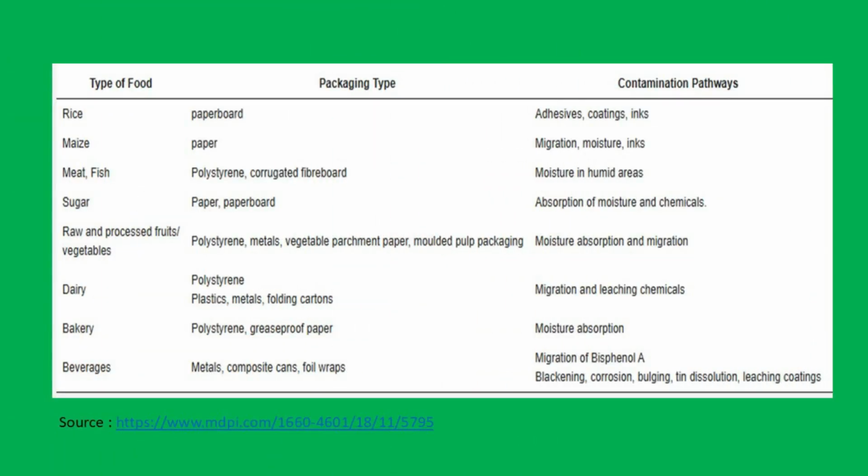Looking at the kinds of packaging type, it could be paper, paperboard, metals, or, most of the time, plastic. There was a study on the type of food, the packaging type, and the contamination pathways.